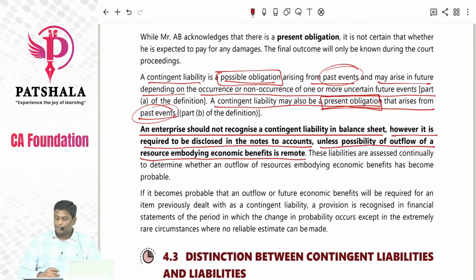Okay? Next point. However, it is required to be disclosed in notes to accounts.